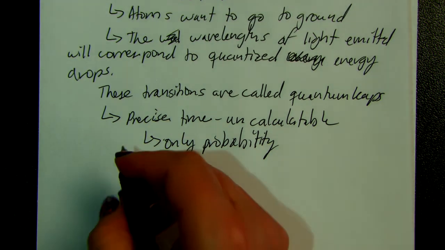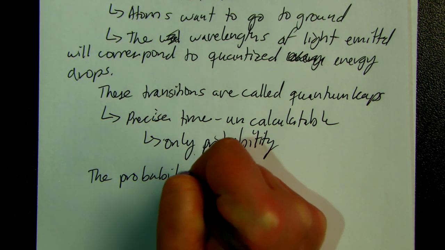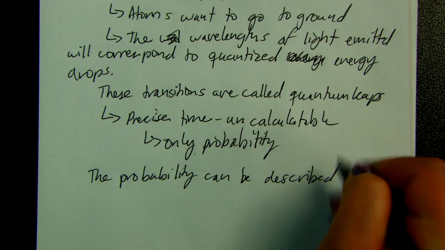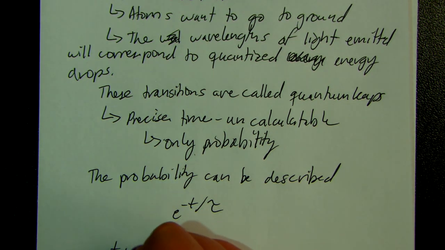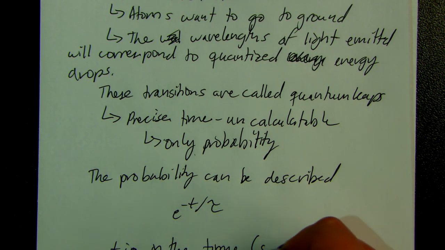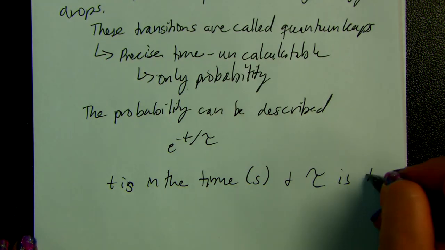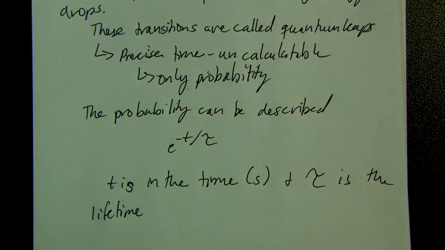So the probability can be described using e to the minus t over tau. So t is the time, generally in seconds, and tau is the lifetime. And the lifetime is determined typically by measurement, experimentation.